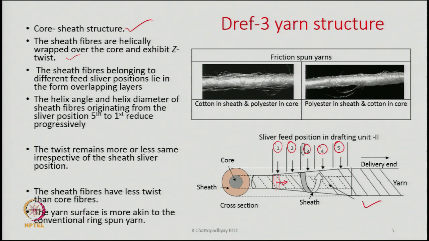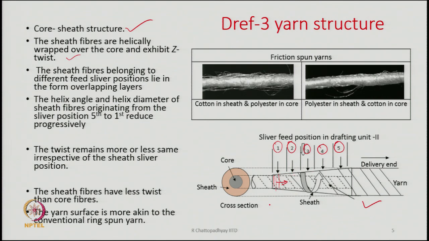the beginning part, at the entry part of this friction drum, and then as this moves forward, the same fibers will go from position 1 to position 2, and on position 2, fibers from the sliver coming from position 2 will be wrapped over the fibers which came from position 1. Now, the yarn containing fibers 1 and 2 will move to position 3.